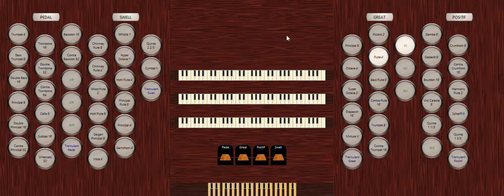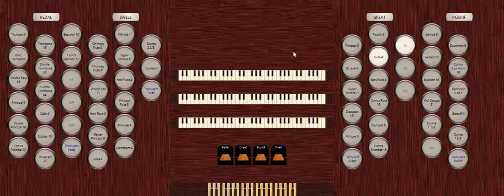So essentially, this organ that I have made has fewer ranks than that Berea Church extended organ, but my ranks are larger, essentially. On Berea Church, it stops there at a G, but my organ goes all the way to the C. So yeah, quick disclaimer.